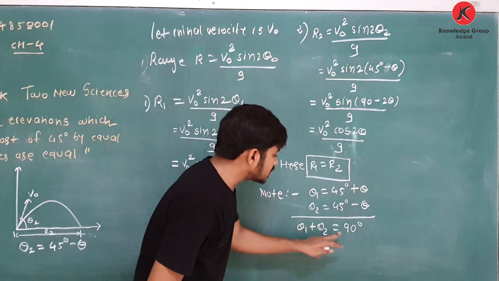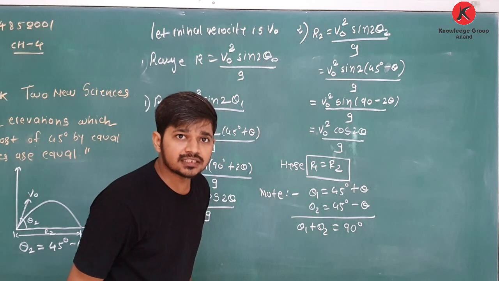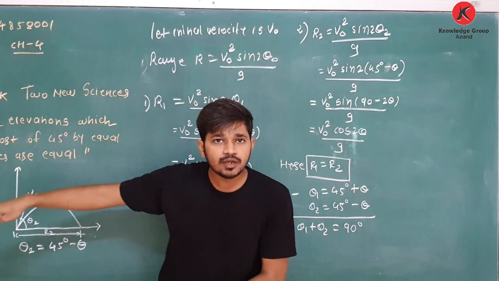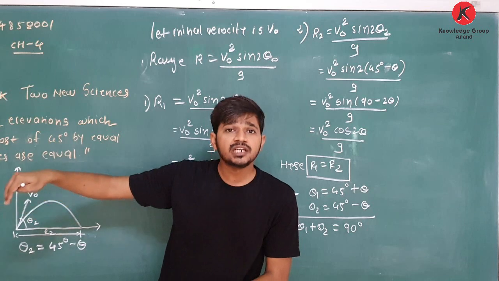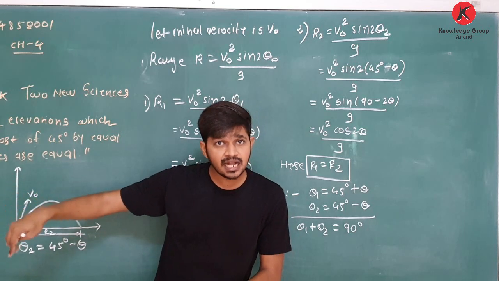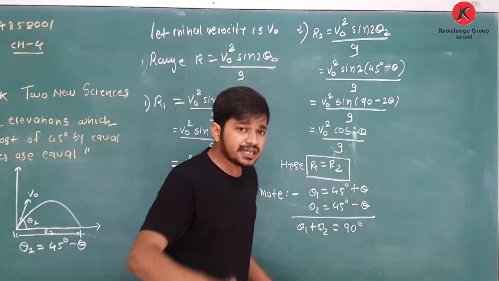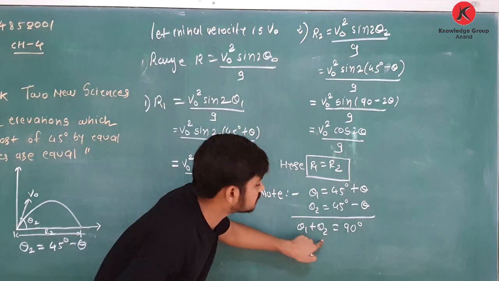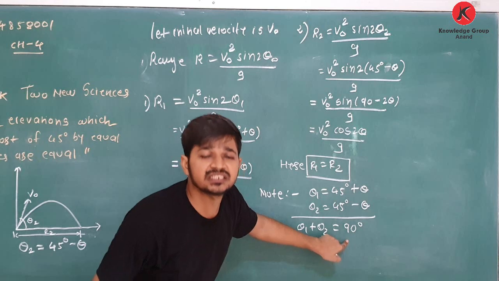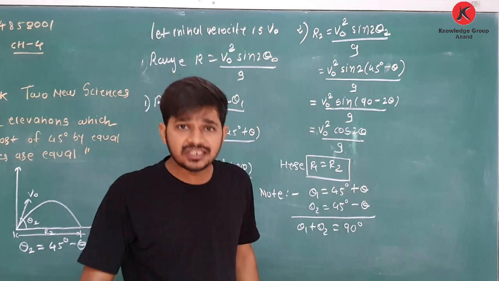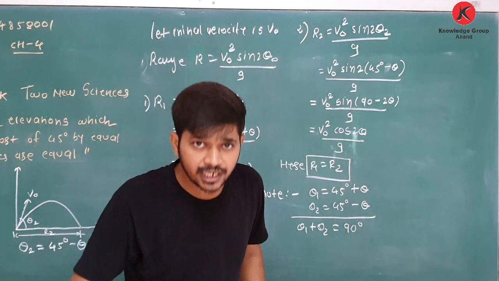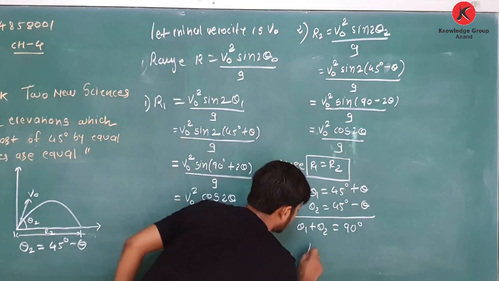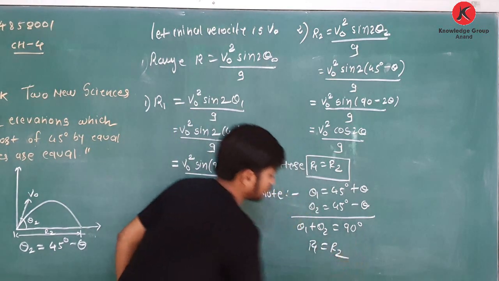So theta 1 plus theta 2 is equal to 90. See, what is the condition? If theta 1 is equal to 45 plus theta and theta 2 is equal to 45 minus theta, then the ranges are the same. Then we can make another condition: if theta 1 plus theta 2 is equal to 90, with the same initial speed, the ranges are the same.